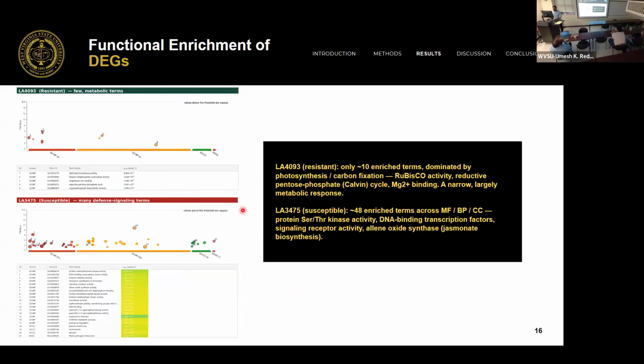Yes. So coming to the gene ontology, the upper figure is for LA4093, which has shown approximately 10 enriched pathways or terms, and mainly they are dominated by carbon fixation, photosynthesis, or Rubisco activity.